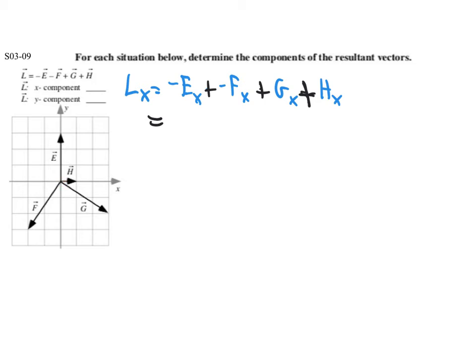It doesn't go anywhere at all. I guess we would have had a minus sign in front of that. We have a minus sign in front of FX. Well, FX points this way, so FX is minus 2. And then GX is this bit, so that would be plus 3. And HX is this little tiny guy, that's plus 1.